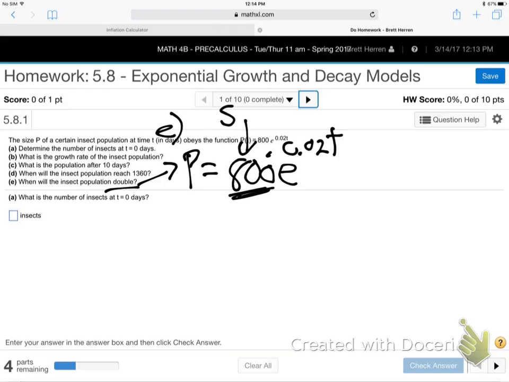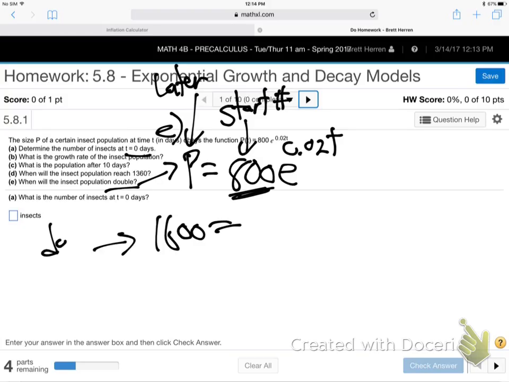This is the start number. 800 insects at the start. We can also see that because that was the answer we got in part A when we plugged in 0 days. That's the start, 0 days. You just get the 800 because e to the 0 is 1. Now over here is the later. So basically they want 1600. That's double 800.